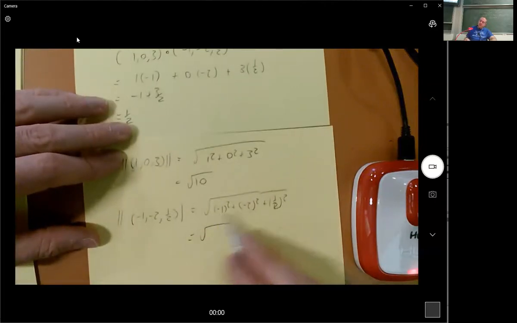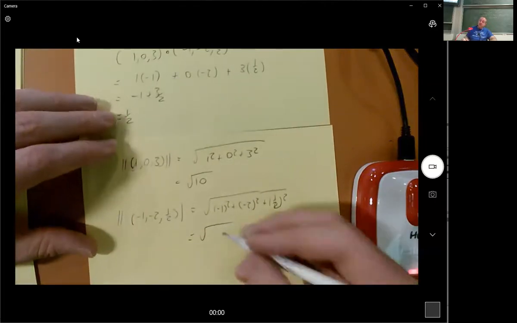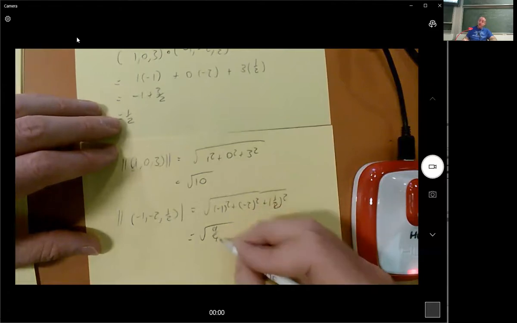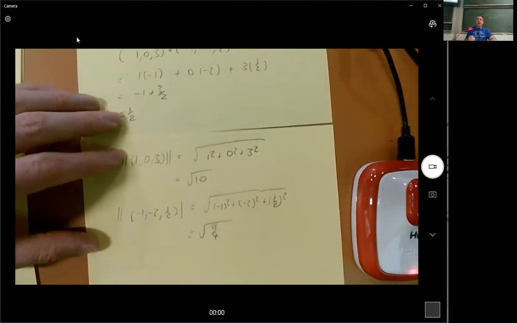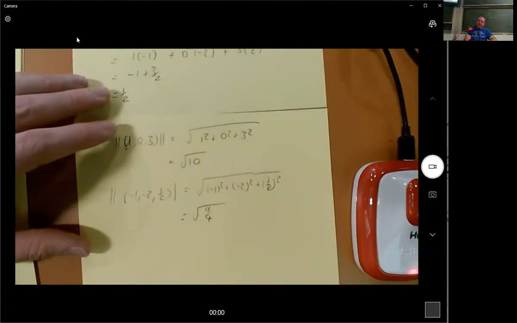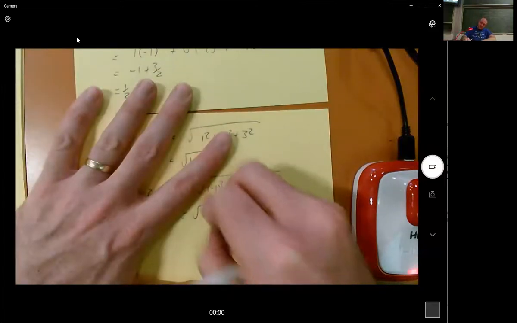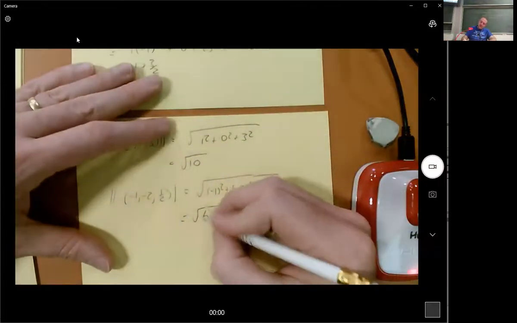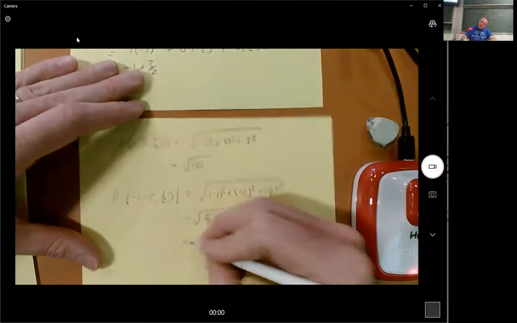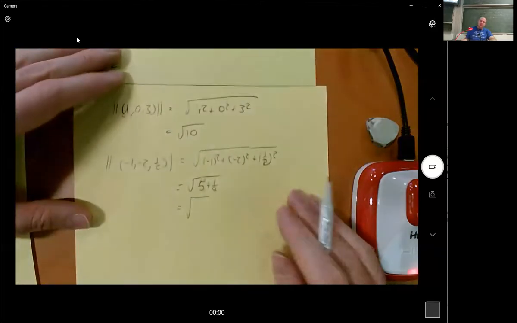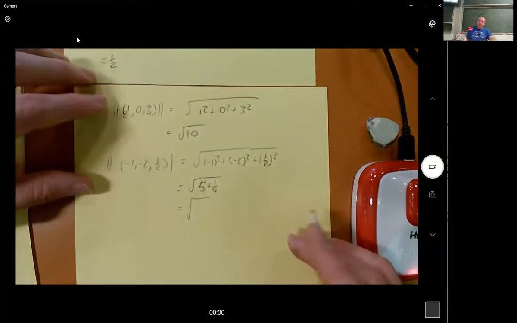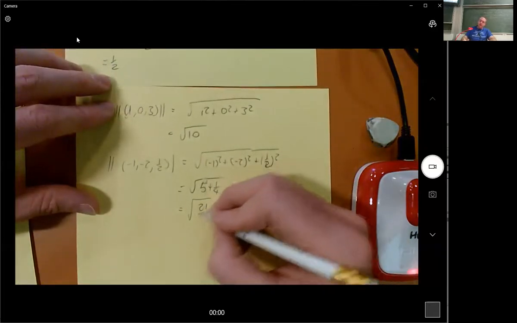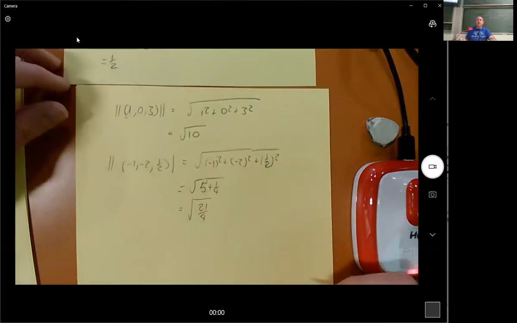That's 1, that's 4, so up to 5, 5 and a quarter. Oh, cool, look. Yay. 5 and a quarter is 9 quarters. Isn't it? No, it's not. That's 2 and a quarter. Damn it. So 5 and a quarter. And mathematicians prefer vulgar fractions, so 21 over 4, which is, there you go, not pretty.